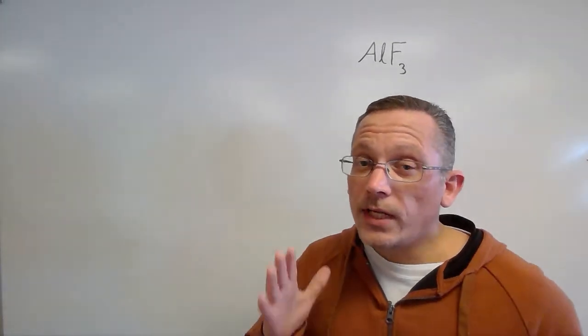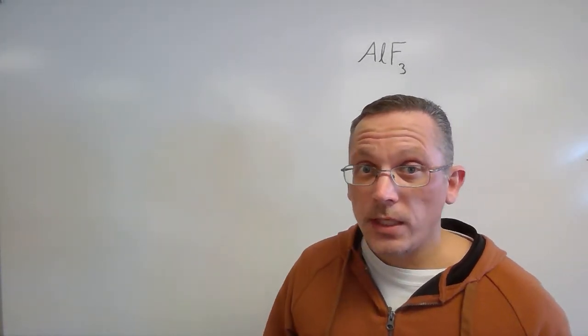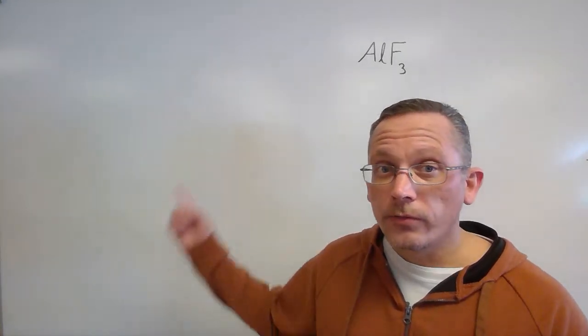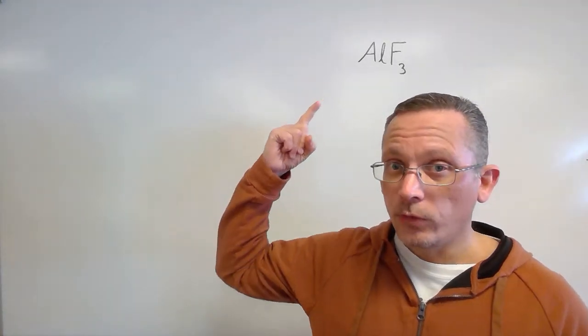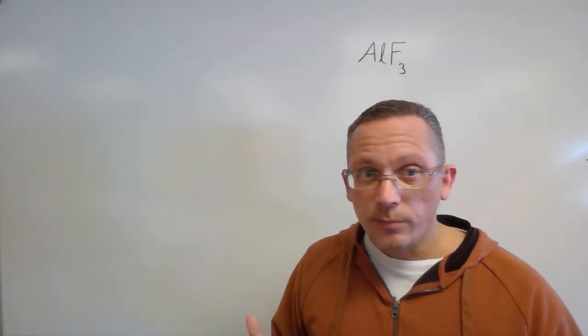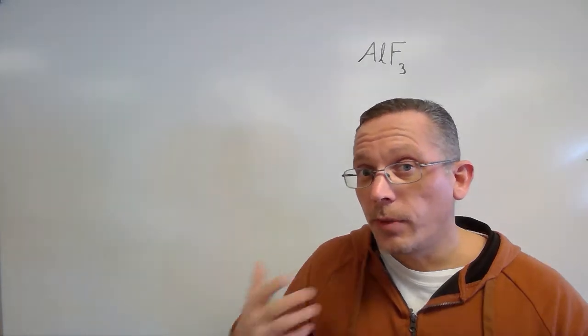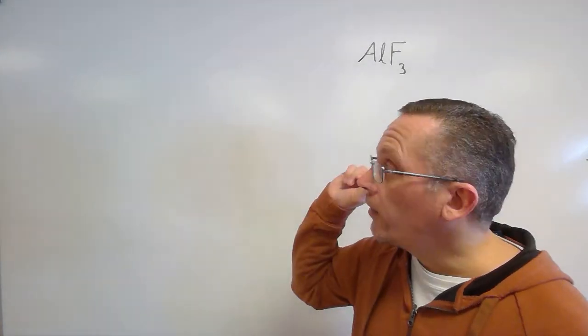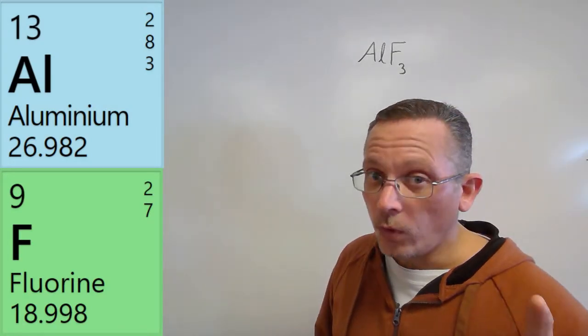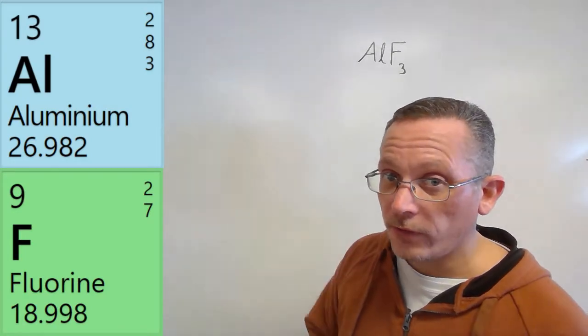Okay, now, of course, not everything that we deal with is just an element, right? Sometimes we deal with compounds in these problems. Like, for example, what about aluminum fluoride, AlF3? Well, this is as simple as just adding up the elements that are a part of it. So let's say I have aluminum, which is about 27 grams. 1 mole of aluminum is about 27 grams.